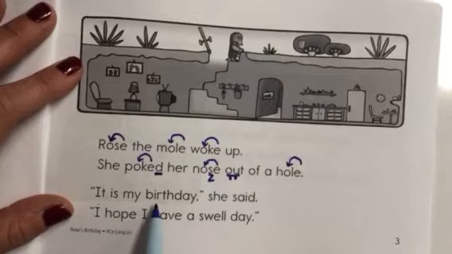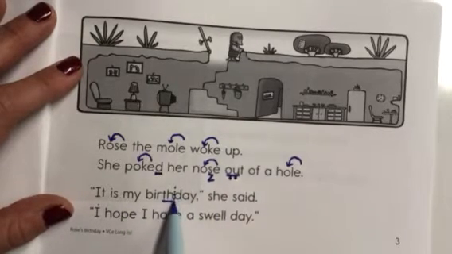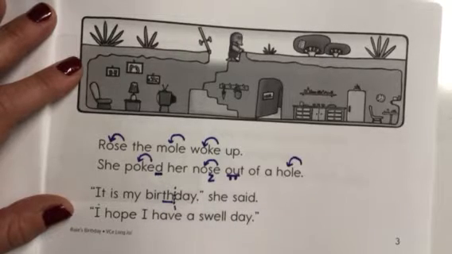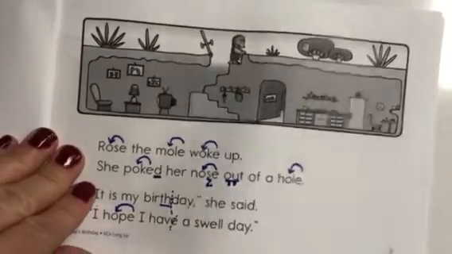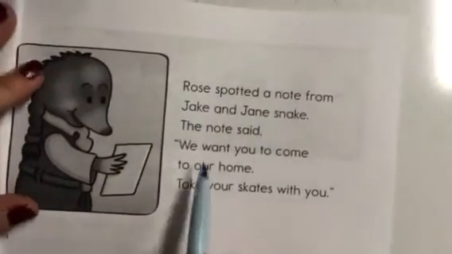It is my birthday, she said. If I need to go between this word, if I don't know it. Birthday, she said. I hope I have a swell day. Rose.